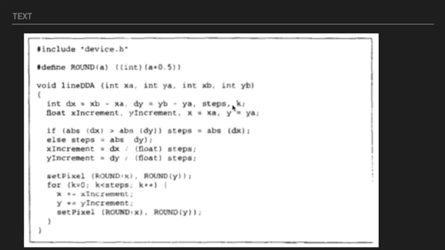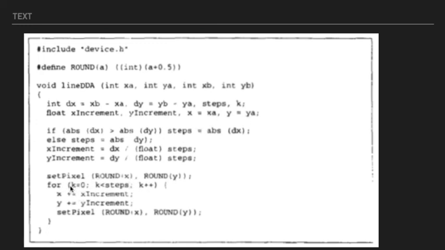The first position of x, y is xa, ya. That position is set using the low level command set pixel round of x, round of y. Round x, round y is taken because you have to find the nearest integer value of x and y, and that position is set using setPixel, which is a low level command to display a pixel position.